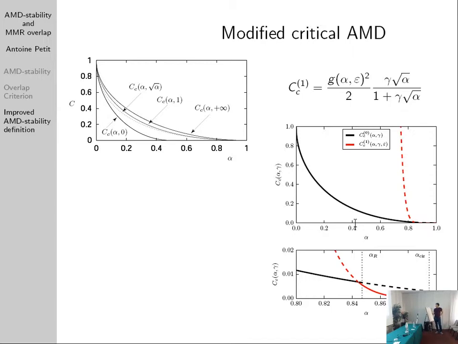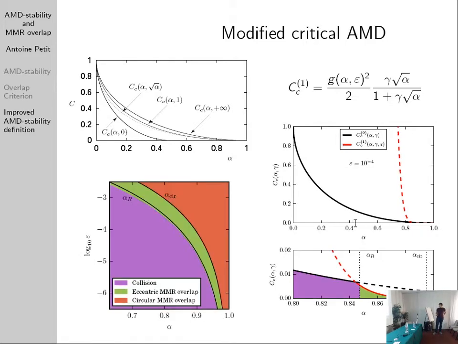If we make an expansion in alpha close to 1 in this expression, we find that the critical AMD induced by the overlap of mean-motion resonances has the same dependence in gamma as the critical AMD developed around this position. And so we have a map in the epsilon alpha plane where the criterion applies.